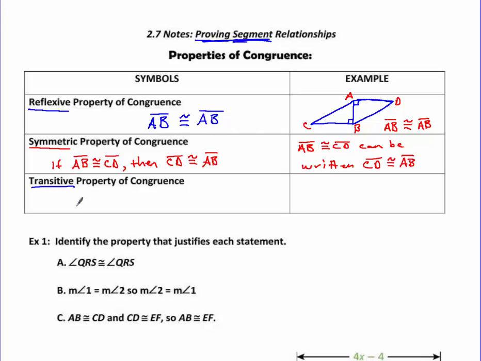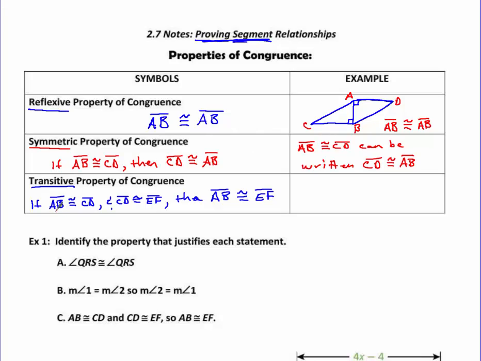Our transitive property of congruence, remember transitive property of equality said if A equals B and B equals C, then A equals C. Well, this is going to be the same thing. So if segment AB is congruent to segment CD, and segment CD is congruent to segment EF, then segment AB, our original segment, is also congruent to segment EF.